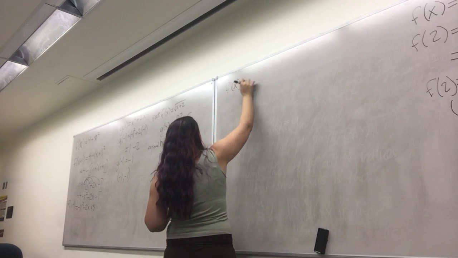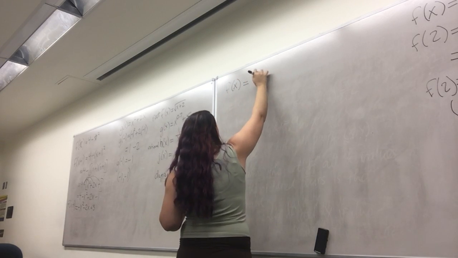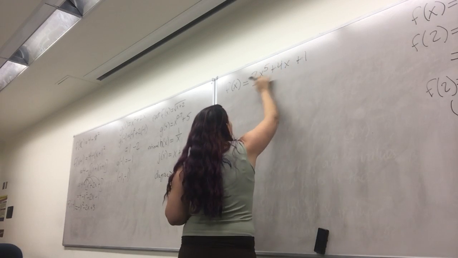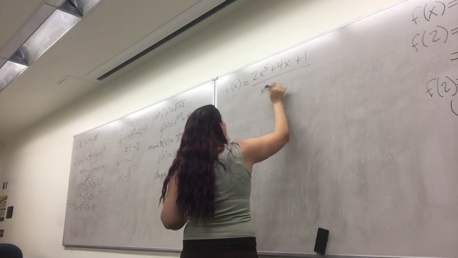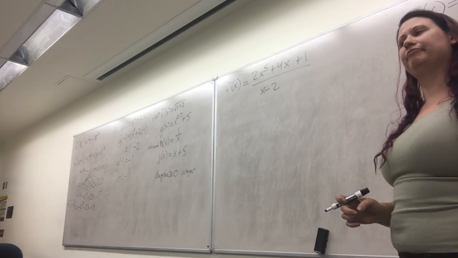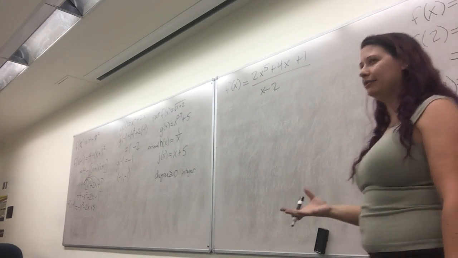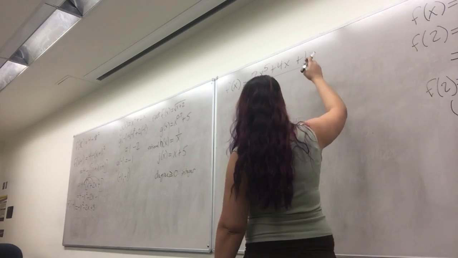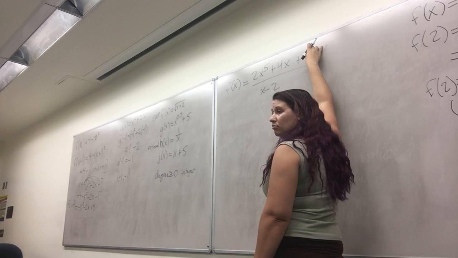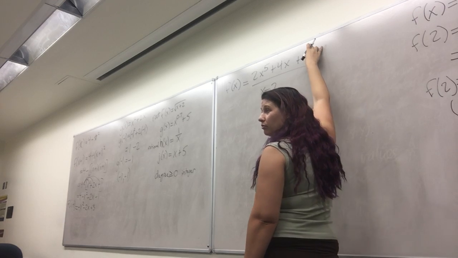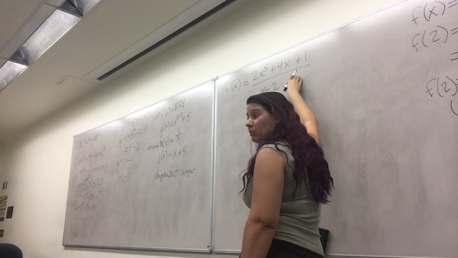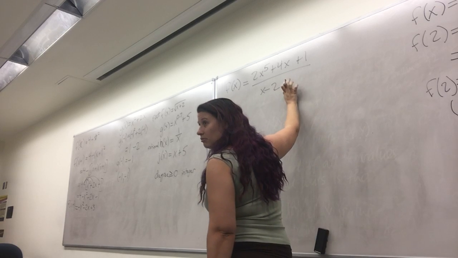So, if we're given this equation, is it rational? Yes. Why? The top is a polynomial, and the bottom is a polynomial with a variable x.